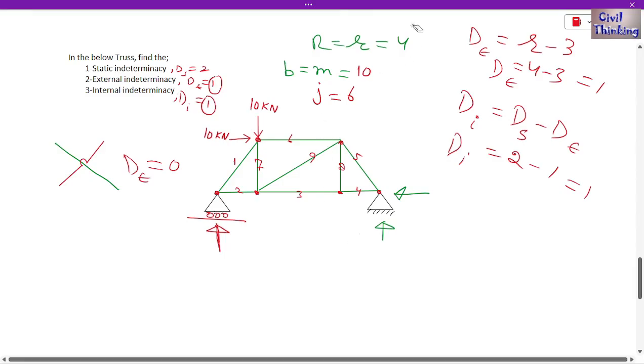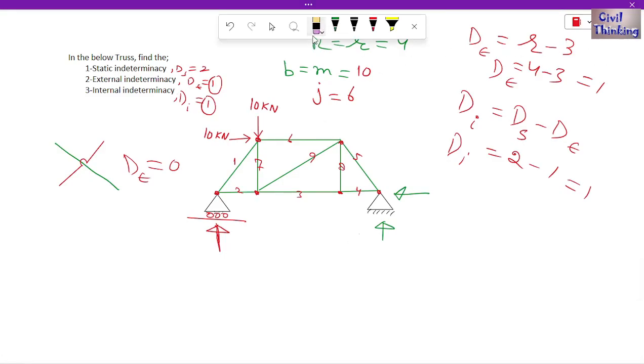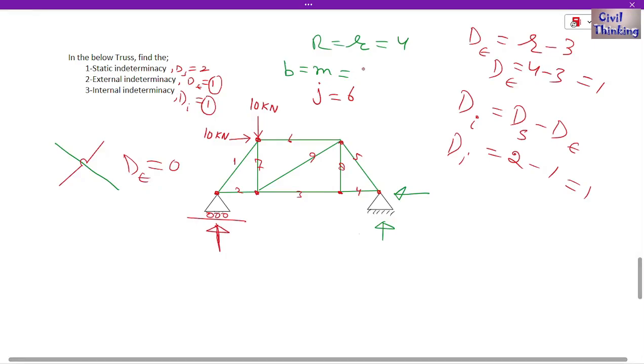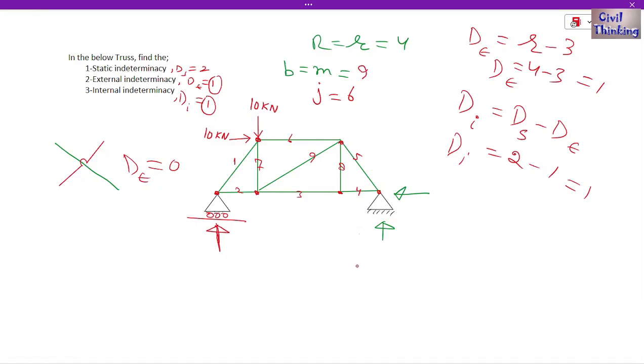Now what do we have? We only have 9 members now, right? So we'll get internal indeterminacy 0. Now since external is 0, internal is 0, and we know the total is external plus internal, 0 plus 0 is 0, so we will get Ds, the total static indeterminacy, also 0.